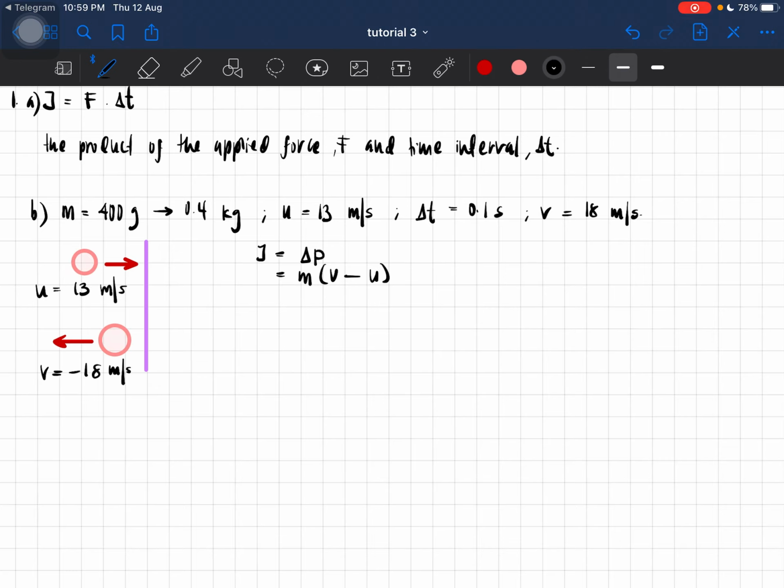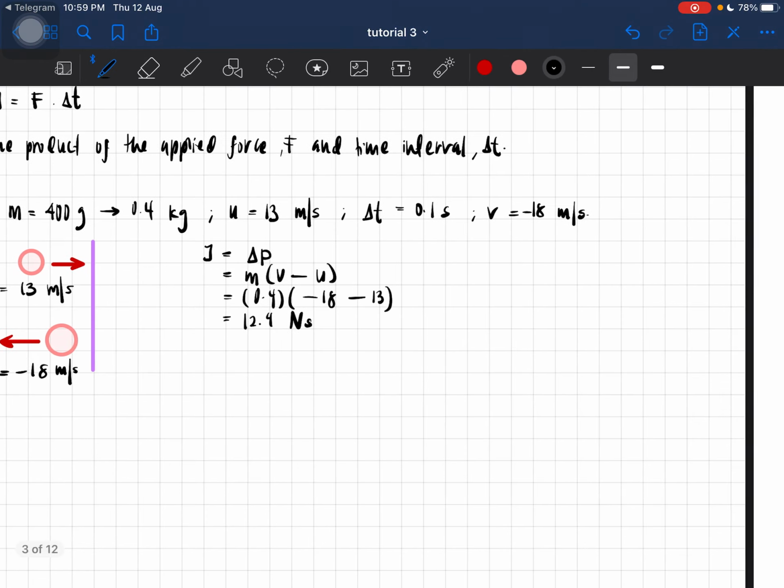So from the impulse, then we can find the applied force. Okay, so m is 0.4, v is negative 18, put negative here, minus 13, then you'll get negative 12.4 Newton seconds. Okay, so that is the impulse.